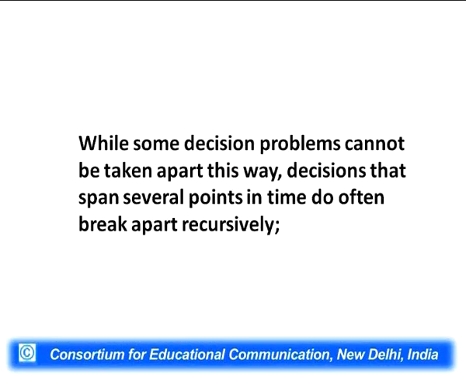While some decision problems cannot be taken apart this way, decisions that span several points in time do often break apart recursively. The meaning is, while carrying out the solution to the segmented problem in a recursive manner, we finally get a solution to our main problem.